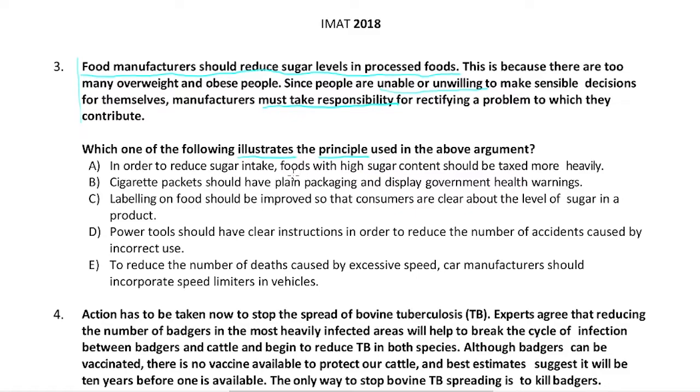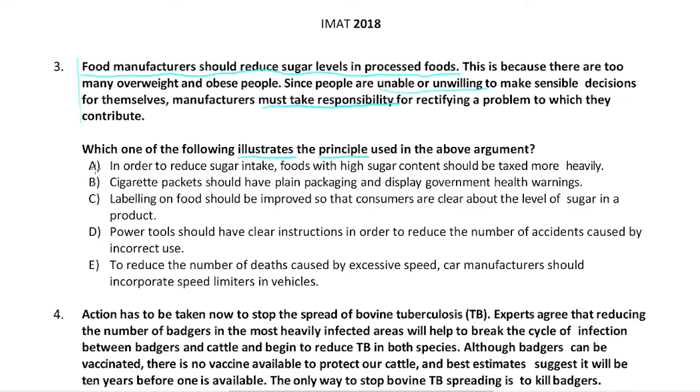So we have to think about a situation where we have a problem, but people are not able to solve it. So the responsibility should be of the food manufacturer, or, for example, the car manufacturer.